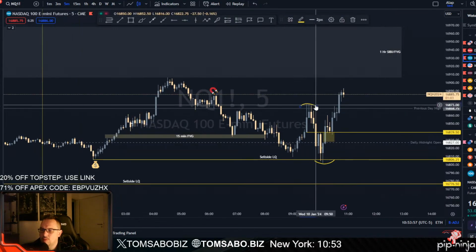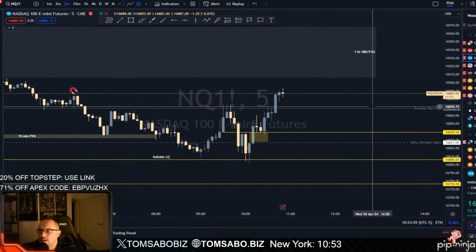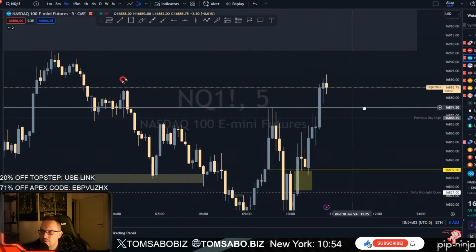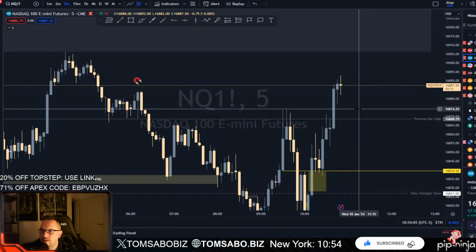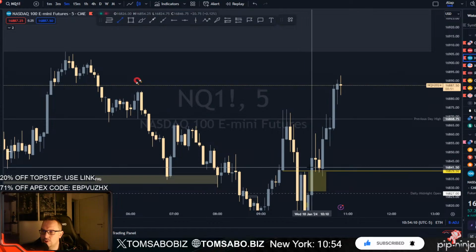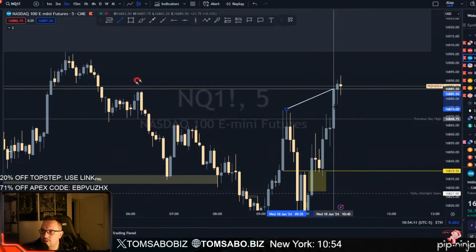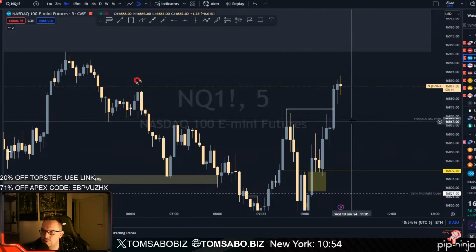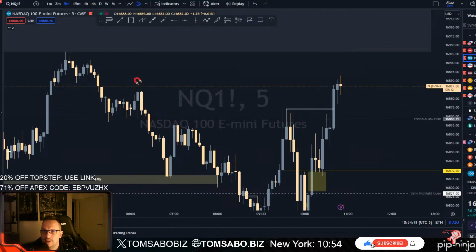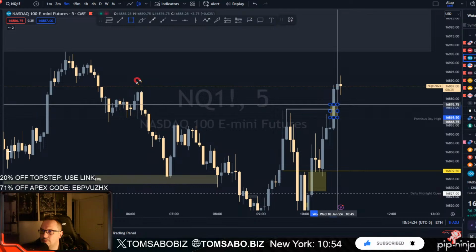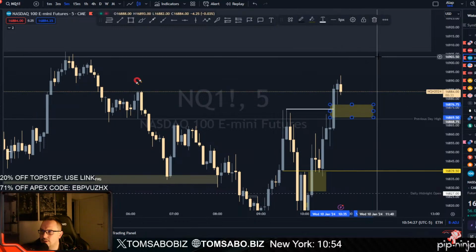Now, if we zoom out the 5-minute, we can see that we had a structure. Well, it's not a structure shift, but a break of structure up here as well, because the structure has been shifted down here. But right there is another beautiful market structure shift, and I love to see this kind of thing here with the beautiful fair value gap as well.